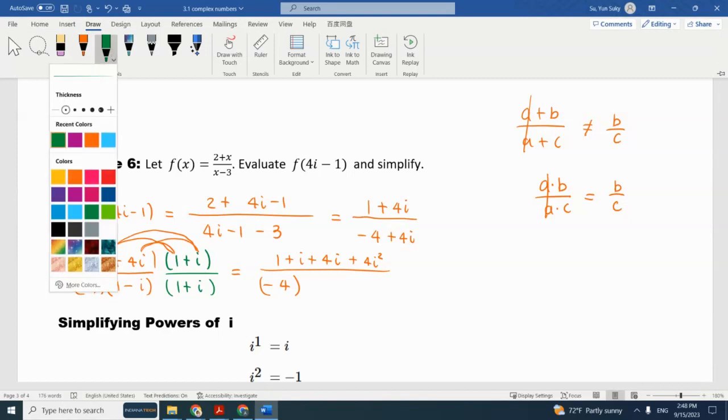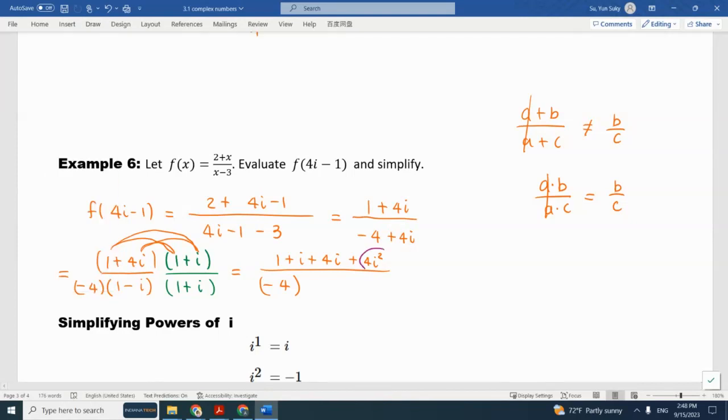What is 4i squared? This is negative 4. Is that okay, everybody? I'm doing this because I'm lazy. I don't need to write the whole thing again. But up to you. If you don't mind writing the whole thing again, feel free to do one more step. Okay, if that's more clear to you.